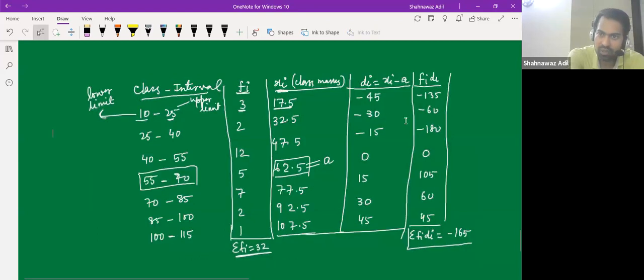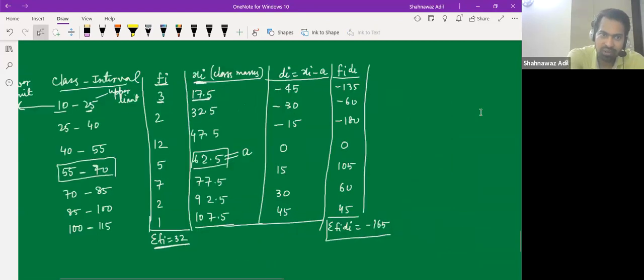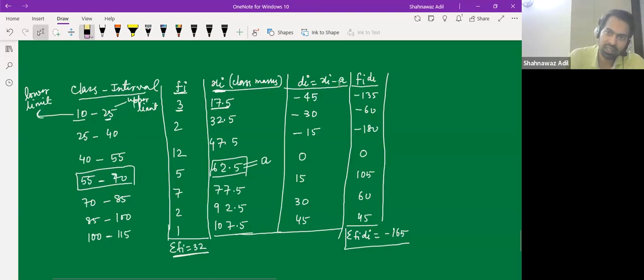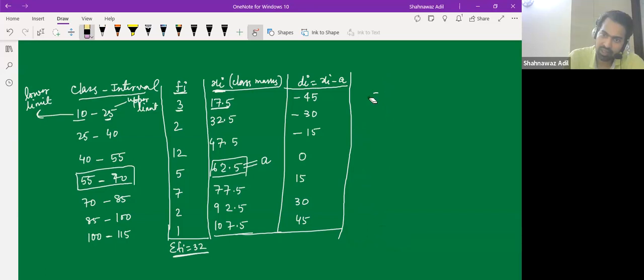And what we do is that after calculating the di's, we calculate step ui. And what is ui? This is di by h.